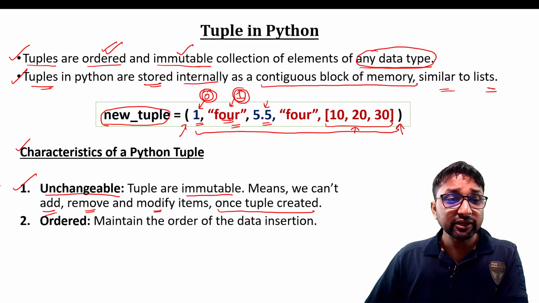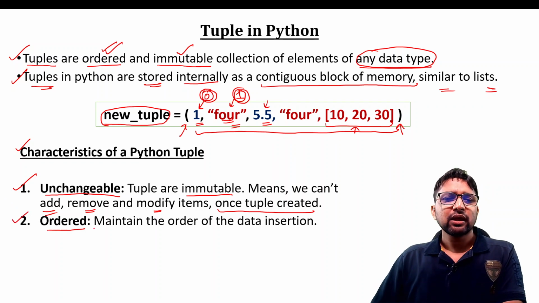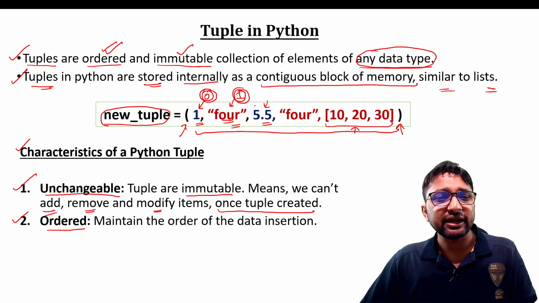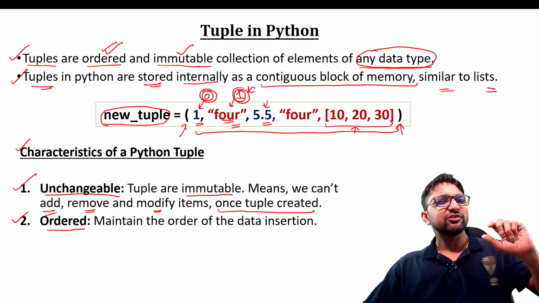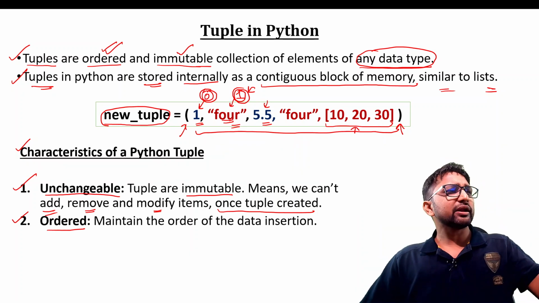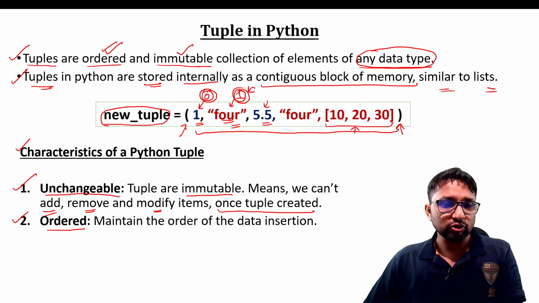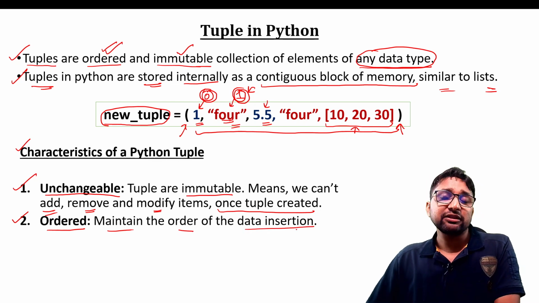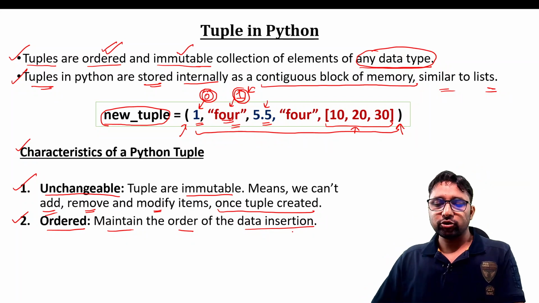Fine, okay. Another important property of the tuple is that tuples are ordered, means you can access the elements from the tuple by indexing. So at whichever index you are storing the element, you can access it from there itself. So tuples are ordered.